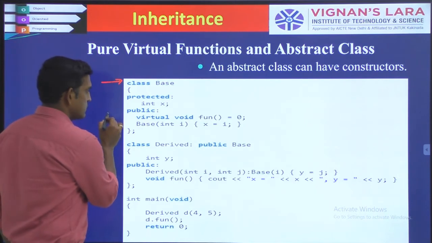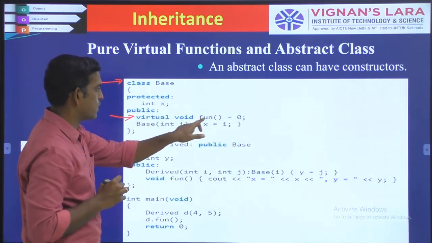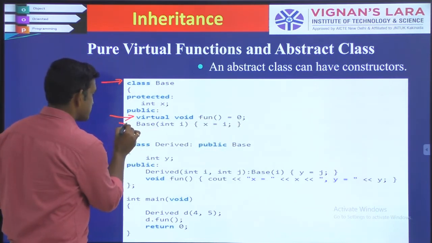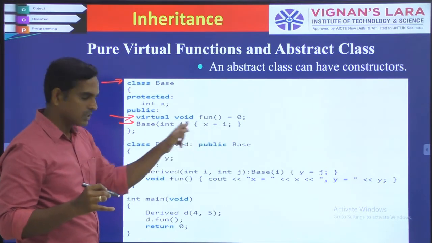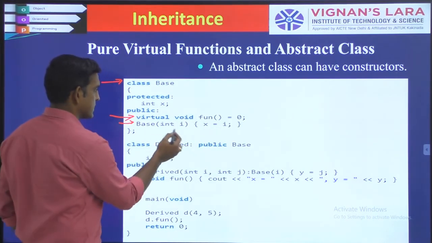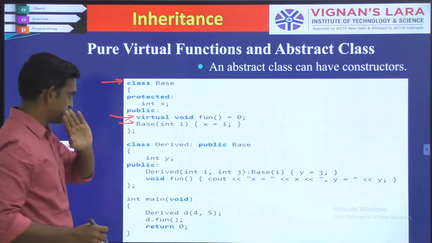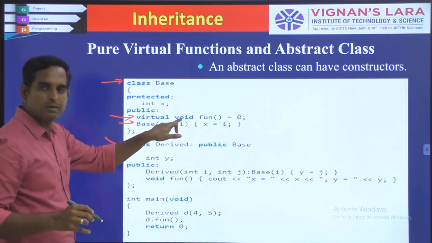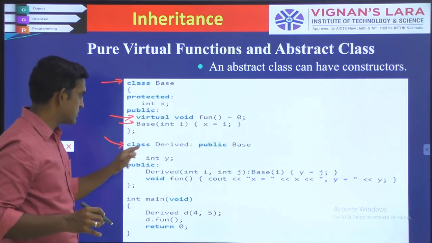You have one pure virtual function, virtual void fun equal to 0, and your abstract class can also have a constructor. Inside the constructor, I have initialized the i value to x. Then there should be a derived class which will implement this pure virtual function.